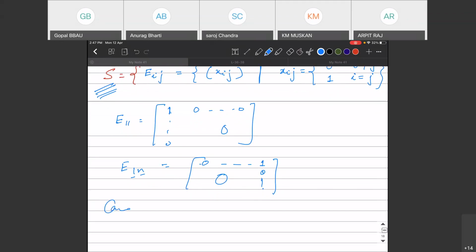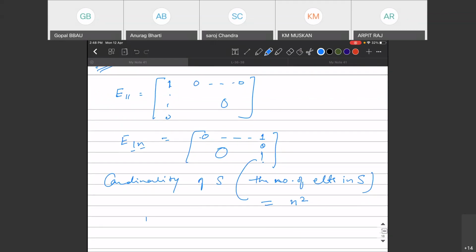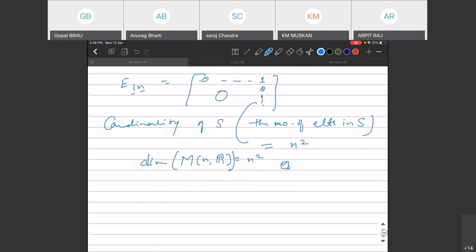So the cardinality of S, or in other words the number of elements in S, is n square. So therefore the dimension of M_n(R) is n square. Okay.